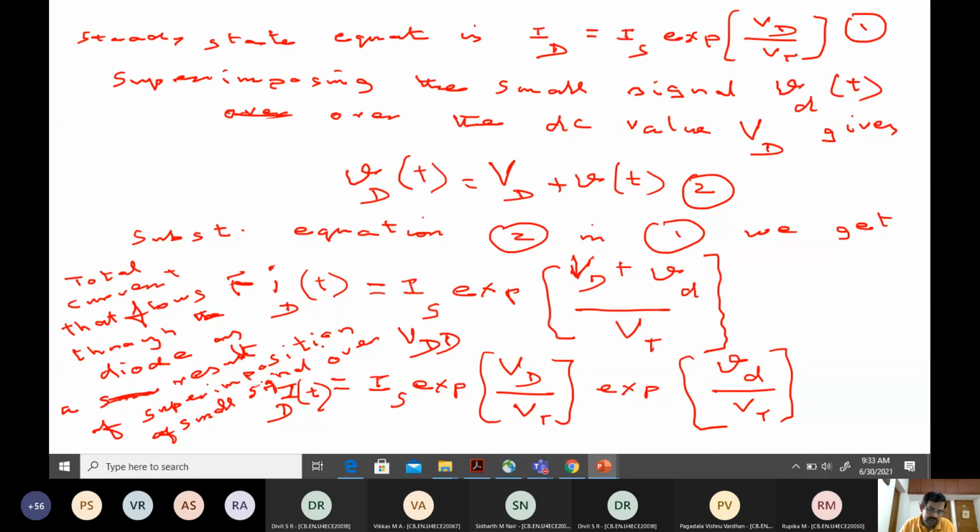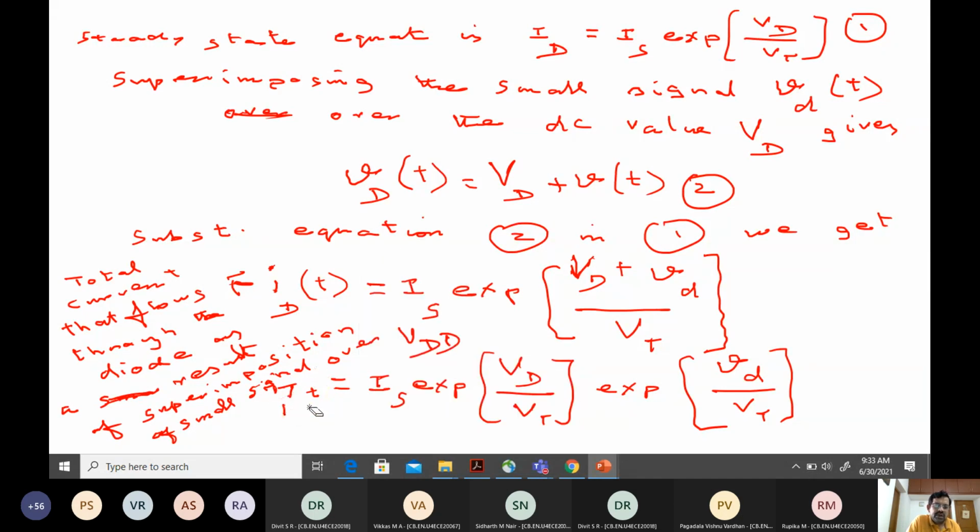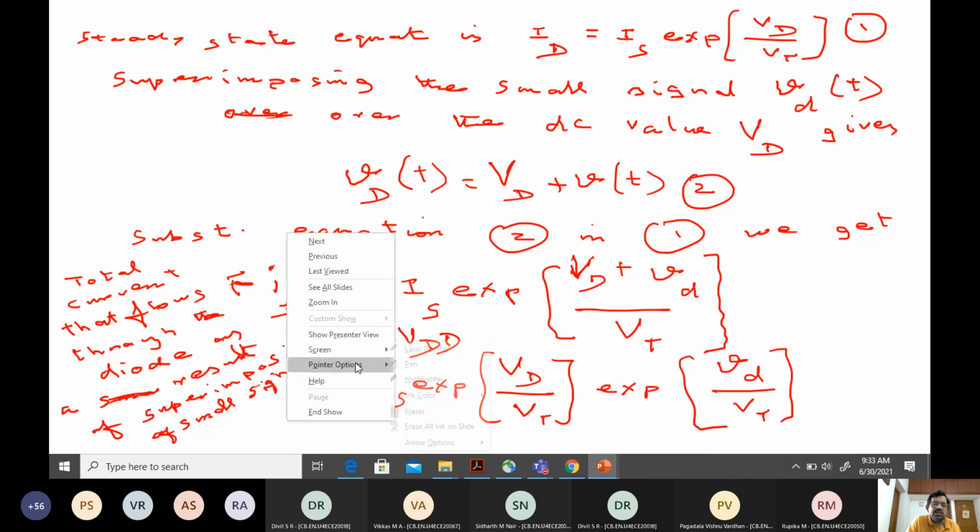Okay, so this one, let me write this clearly. So the equation is not hidden over here. Be careful to use the space properly.